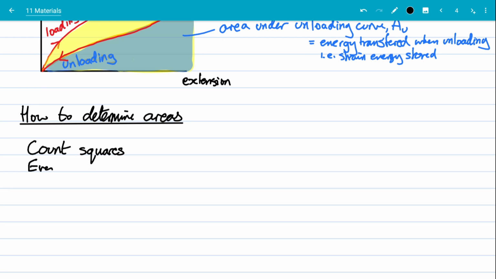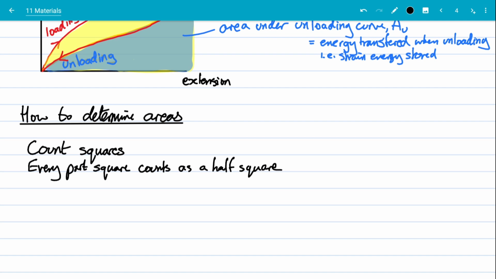And every part square counts as a half square.